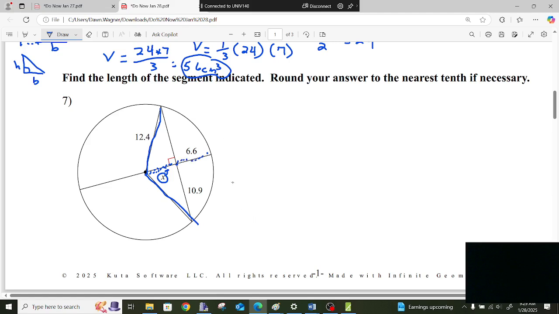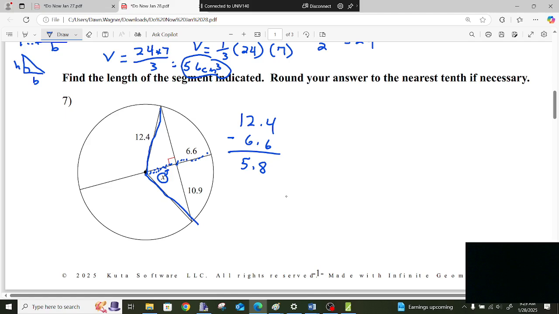So this whole length should equal what? 12.4. So if I take 12.4 and subtract 6.6, that will give me this leftover piece here, which is what? 5.8.